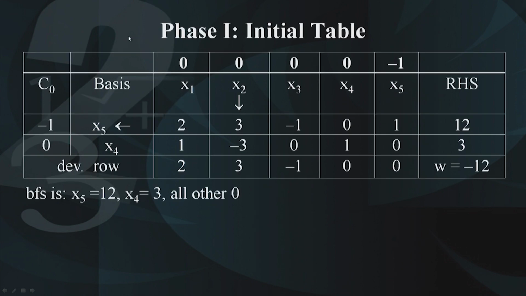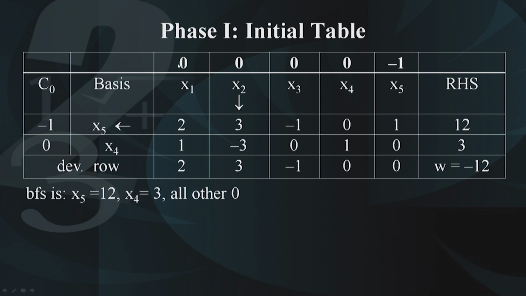So, let us write down the table. The first phase initial table looks like this. The bases are x5 and x4, and their corresponding values in the objective function are minus 1 and 0. x1 entries are 2 and 1, x2 entries are 3 and minus 3, x3 entries are minus 1 and 0, x4 entries are 0 and 1, x5 entries are 1 and 0, and the right hand side is 12 and 3.